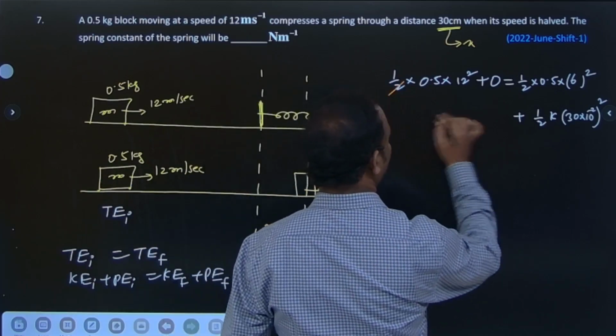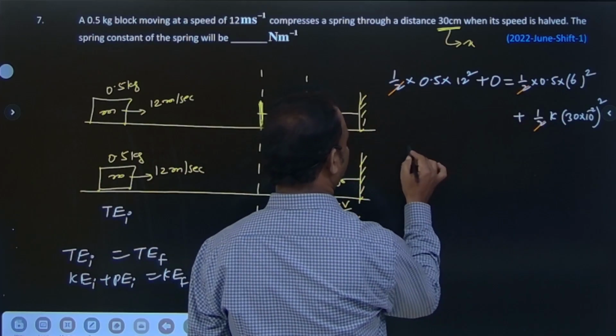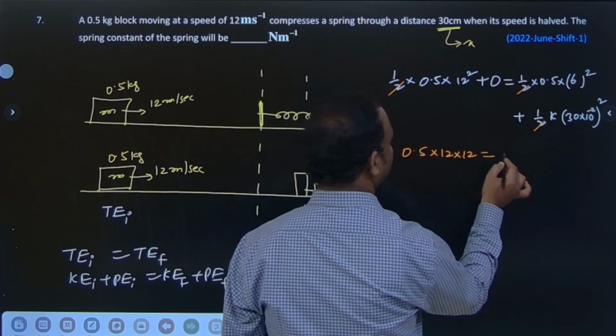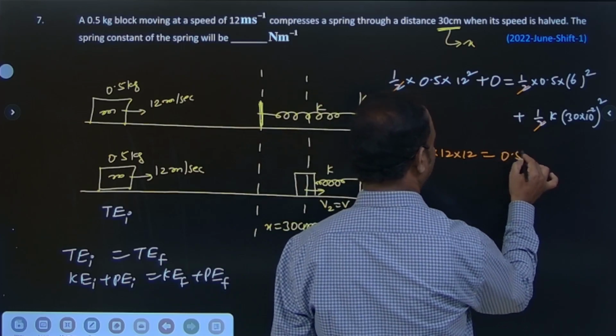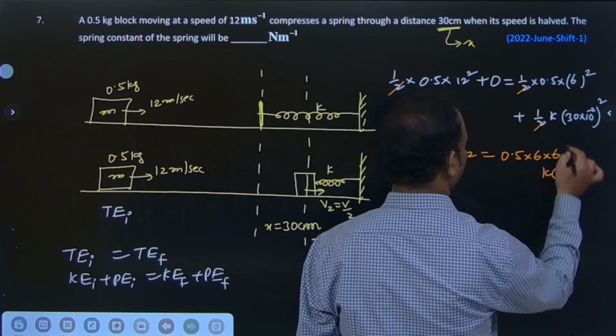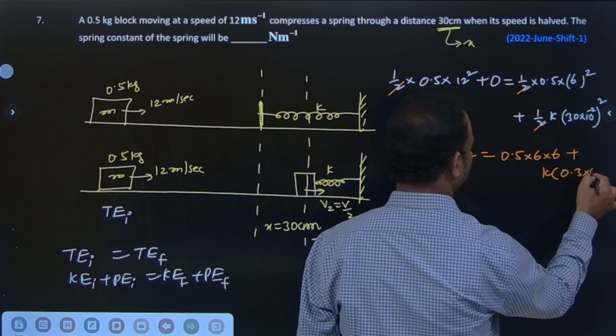So this 2 cancels. 0.5 into 12 into 12 is equal to 0.5 into 6 into 6 plus k into 30 into 10 power minus 2, which means 0.3, 0.3 into 0.3.